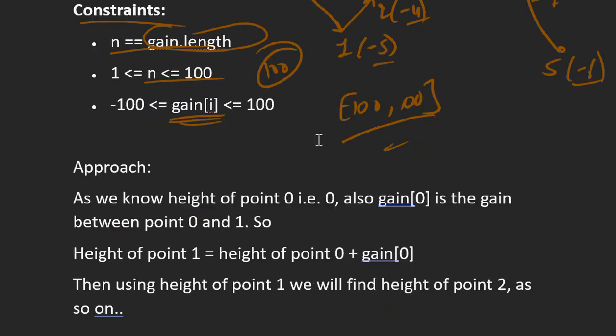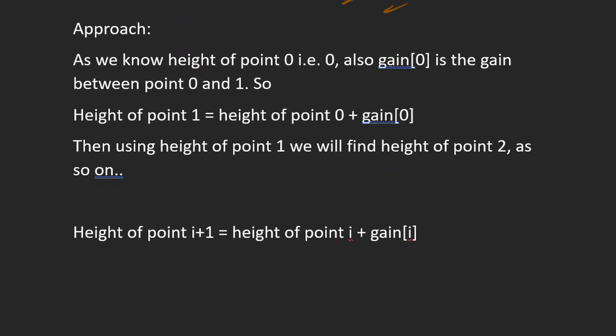So let's see the approach part. As we know, we are given the height of point number 0 in the question, which is equal to 0, and gain of 0 is basically the gain that we get in height when we move from point 0 to point 1. So we know the height of this point and we know the gain, so using that gain and this height we'll find the height of point 1.